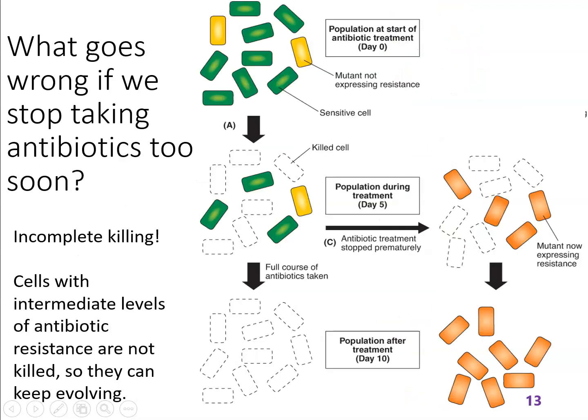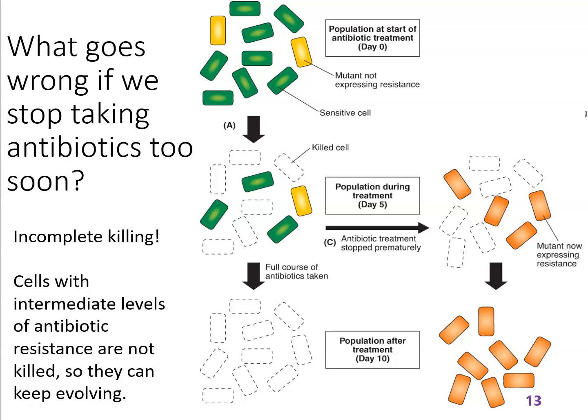What happens if your patient stops taking the antibiotics before they've taken all of them? Why is that a bad thing? Well, the idea here is that some bacteria, some mutants, may be partially resistant. Maybe they need 5 mutations to become resistant, and they have 3 of them.